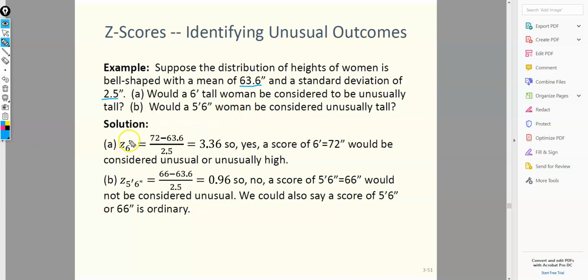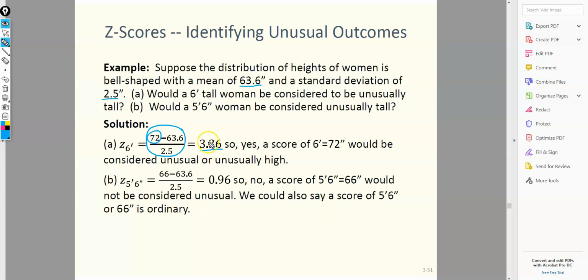Well, we have to look at the z-scores for each. For the z-score for a woman that is 6 foot tall, we have to convert the 6 feet into inches. 6 feet is 72 inches. So if we look at 72 minus 63.6 over 2.5, that's going to give us the z-score for the 6 foot tall woman, and that comes out to be 3.36.